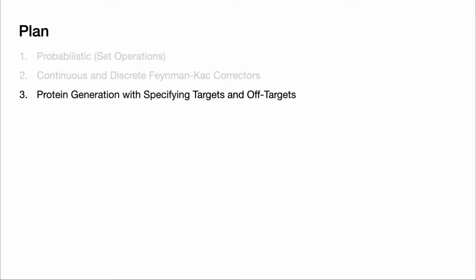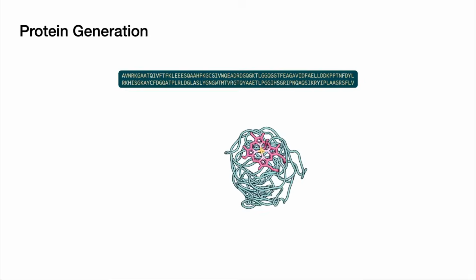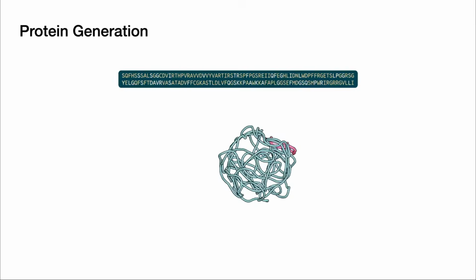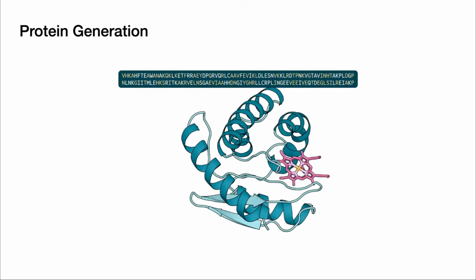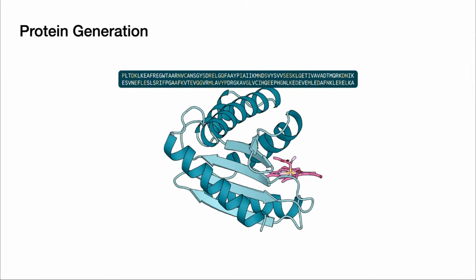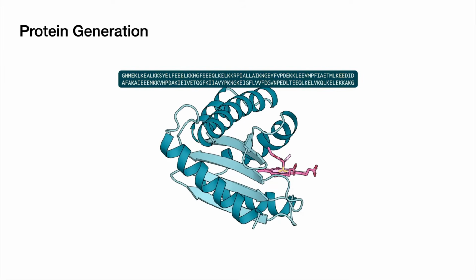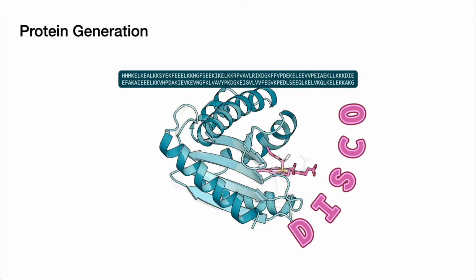All right, so far so good, and I'll go to the applications. For protein generation, we have to be a little bit more mindful because protein generation requires co-generation. It requires generating the sequence and the structure, preferably at the same time.